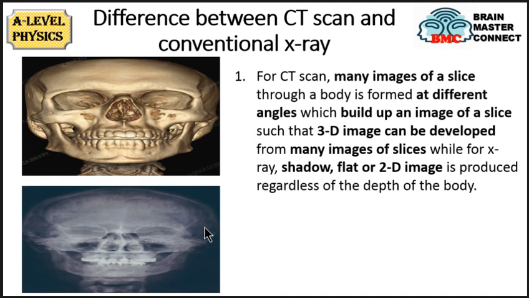One of the differences between the CT scan and conventional X-ray is the fact that for CT scan, many images of a slice or section through a body are formed at different angles. The implication of that is that we can obtain as many images as possible of a particular section or slice of a body.